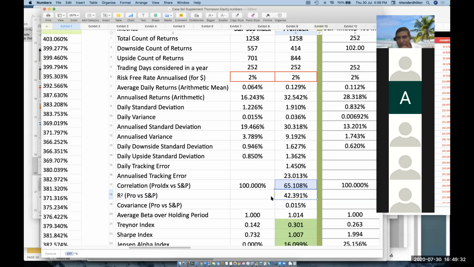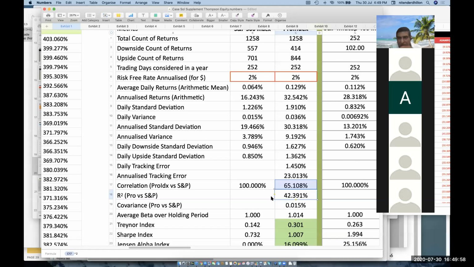Chalo, anyone else? Subhashish? Yeah, so the S&P index is able to determine the changes in the dependent variable, the Pro Index. The S&P index is able to determine the Pro Index by a factor of 42.25%.